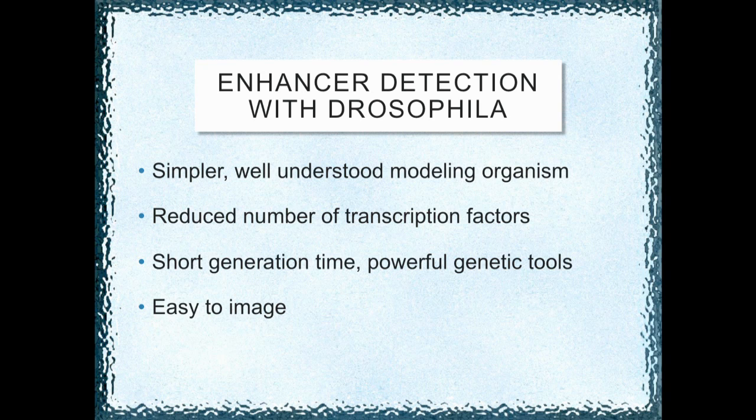Specifically, we have been focusing on patterning, which only has 42 non-transcription factors in its network, so we have a very good probability of hitting the major players in the system. And of course, there are all the usual reasons that make Drosophila such a wonderful model organism, and also the fact that it is very easy to image, particularly at stage 5, when all the cells are at the periphery of the embryo.